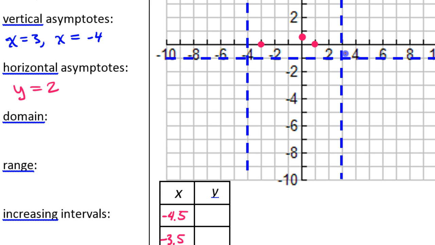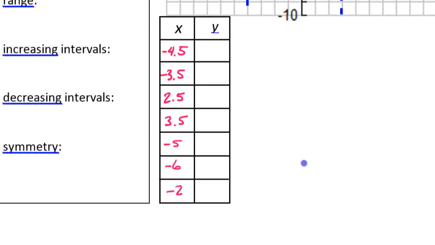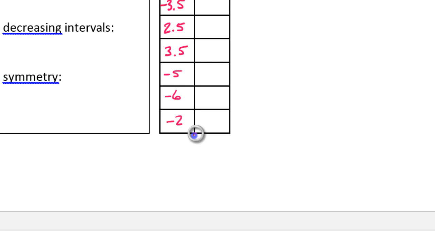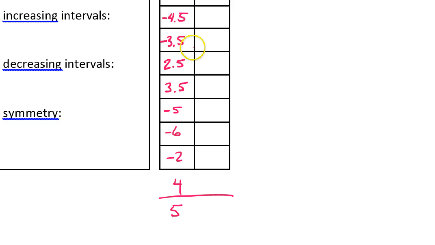So I already have 3.5. So I'll go ahead and do 4 and 5 as well. So I'm out of space on my chart here, so I'll just add it on the end. Okay, so I'm going to use my calculator to help me find all of these values.